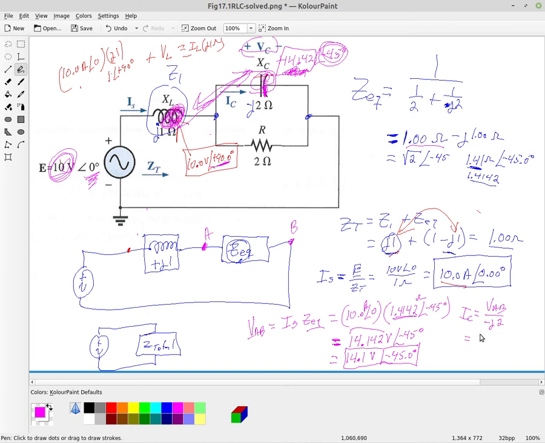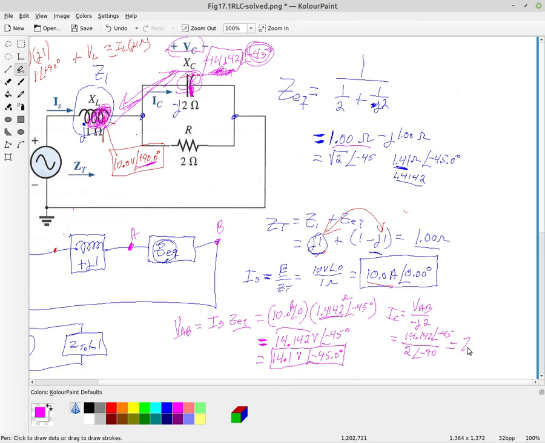So we're going to have 14.142 at an angle of minus 45 divided by the reactance of the capacitor, which is 2 at an angle of minus 90, which is going to be 7.07 amperes at an angle of plus 45 degrees.